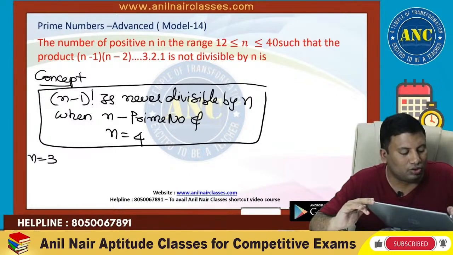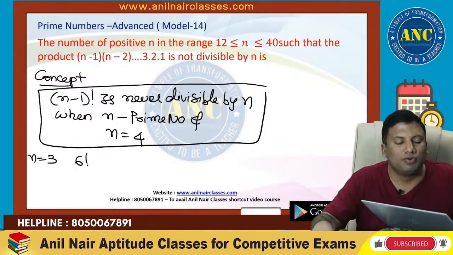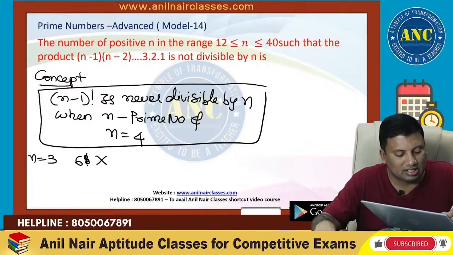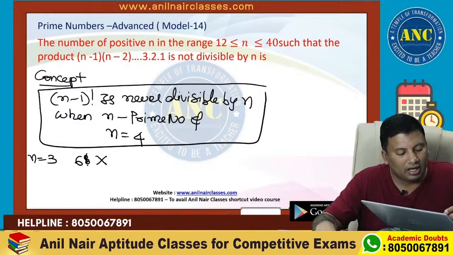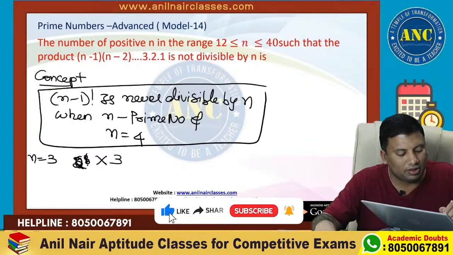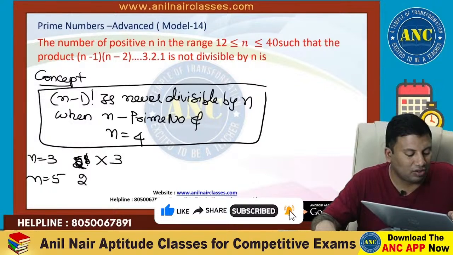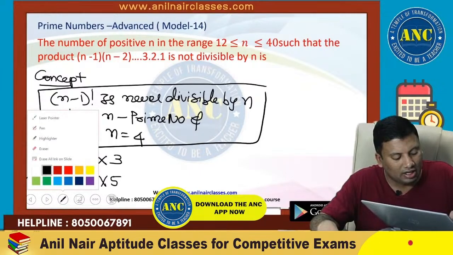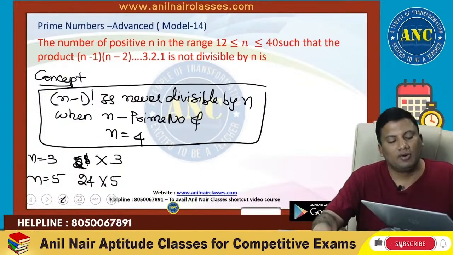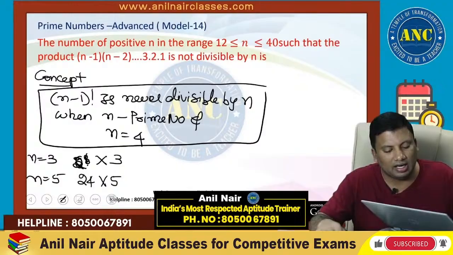N equivalent to 3, 3 minus 1, 2 factorial, which is 2. 2 is never divisible by 3. If n is 5, 5 minus 1, 4 factorial, 24 is never divisible by 5. So, n minus 1 factorial is never divisible by n when n is a prime number and n equivalent to 4.